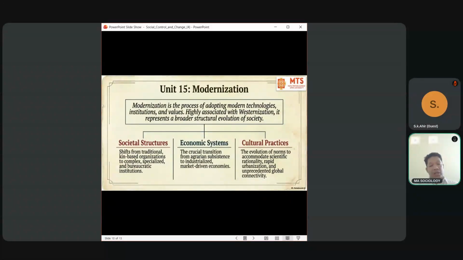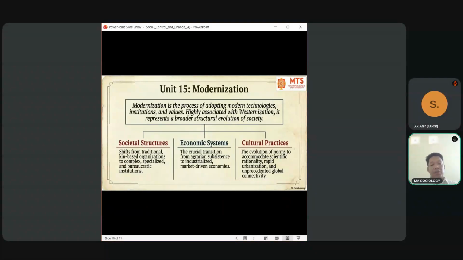Now coming to modernization. Modernization is the process of adopting modern technologies, institutions and values, highly associated with westernization. It represents a broader structural evolution of society: societal structure, economic systems and cultural practices. Societal structure shifts from traditional kin-based organization to complex, specialized and bureaucratic institutions.